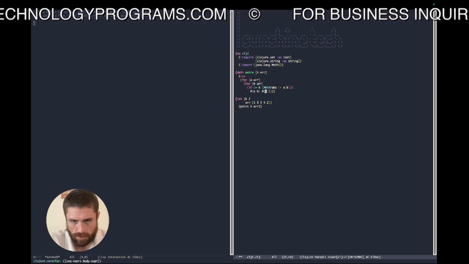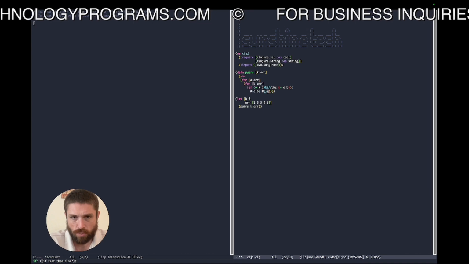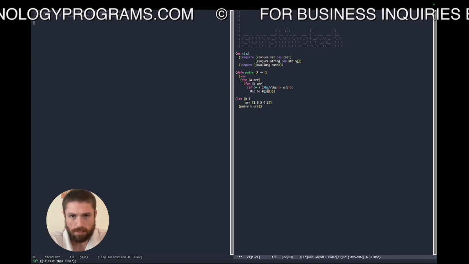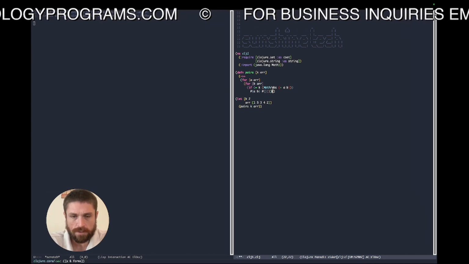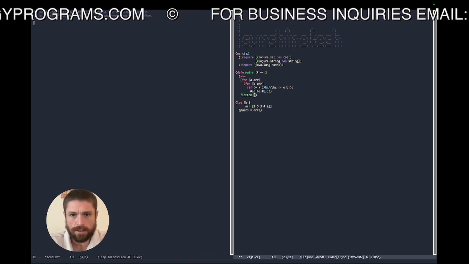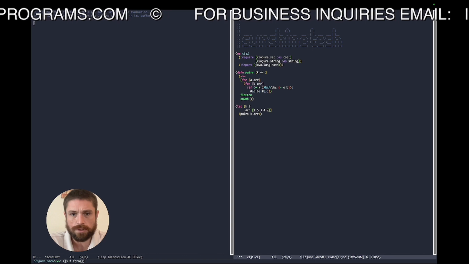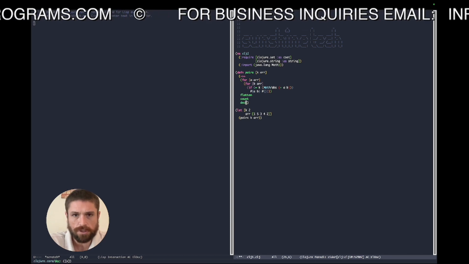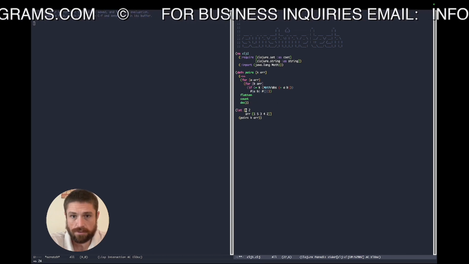We'll also have the empty set in there, but there's only one empty set, so we can just drop that at the end. We're going to take that, and then we're going to flatten, count, decrement, and I think that's the solution.